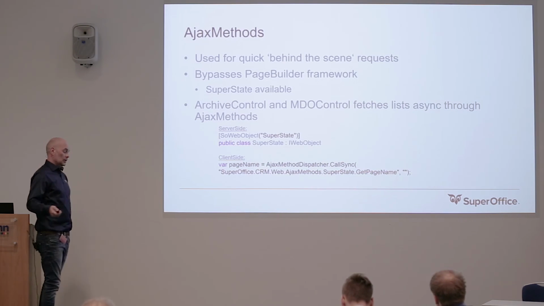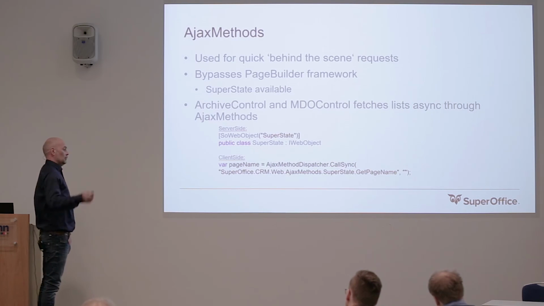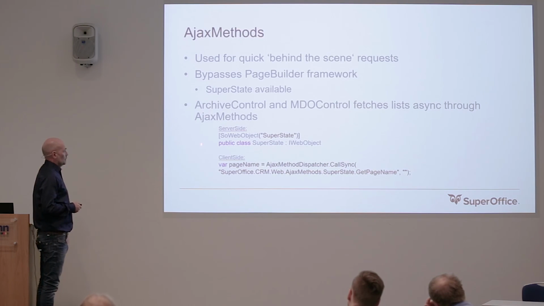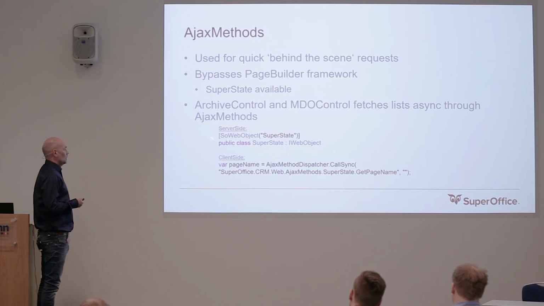It's because we don't want the data of the archive to be bundled with the HTML of the page, because that will be very, very slow. You can make your own Ajax methods. If you add your own scripts, maybe you want to make your own Ajax methods, and you can. It's very easy. You just make a class and register it with an SO web object.